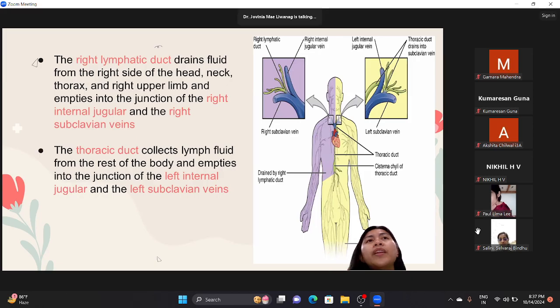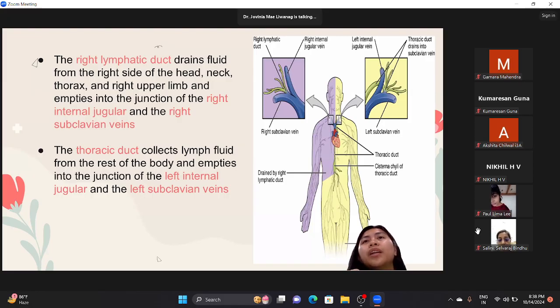Brief anatomy: the right lymphatic duct drains the right side of the head, just like what you see in the picture. The violet shaded part of the body is the part that drains to the right lymphatic duct.